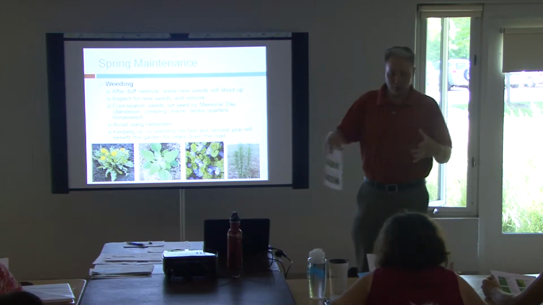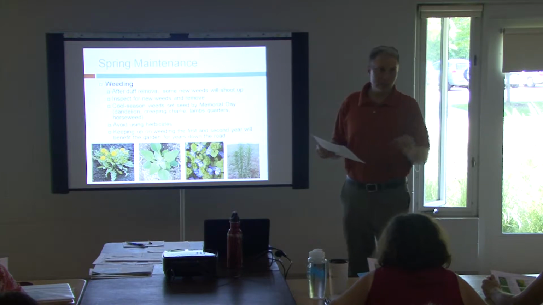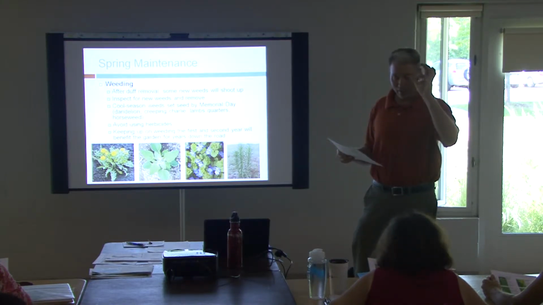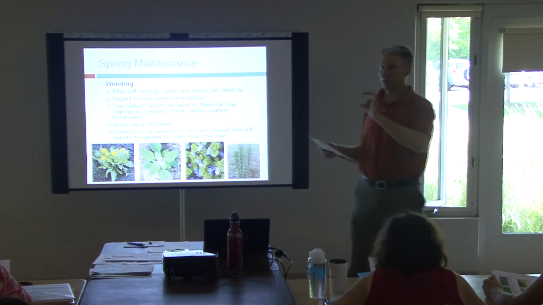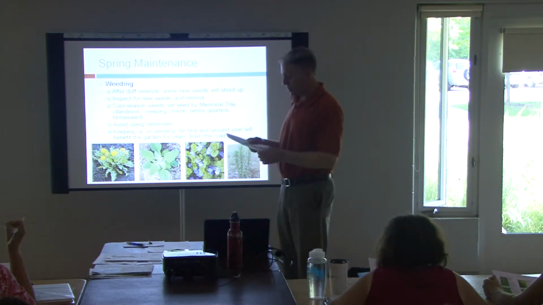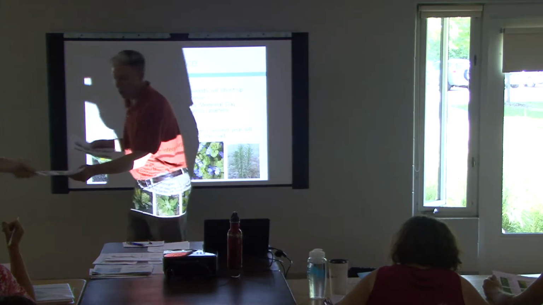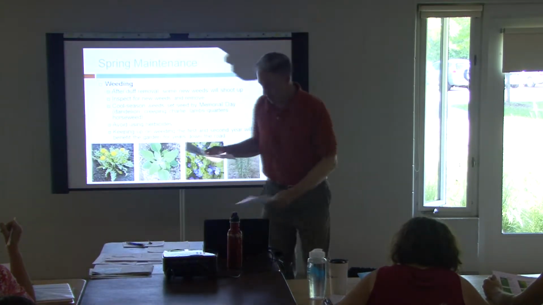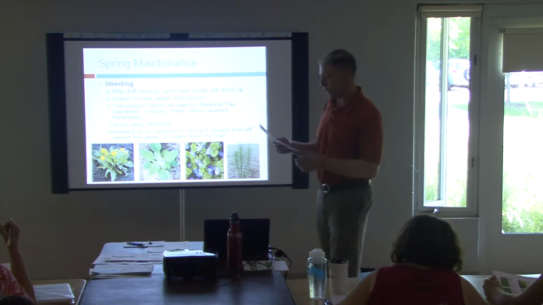Burdock is a plant with that really large leaf, and that produces a lot of seed. It has that round seed head that collects onto clothing, and so that's a good one to catch, because once it starts seeding, it'll produce a lot of seed, and then you have a bigger problem, so you want to catch that early. Butter and eggs, it's on here. That likes dry locations.